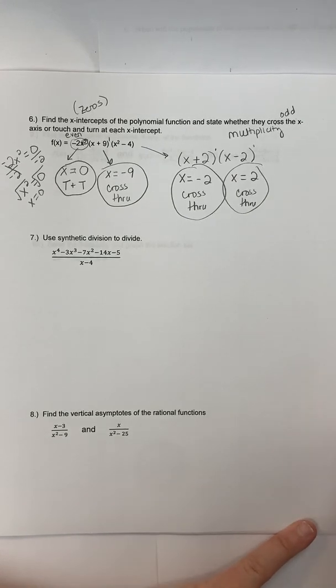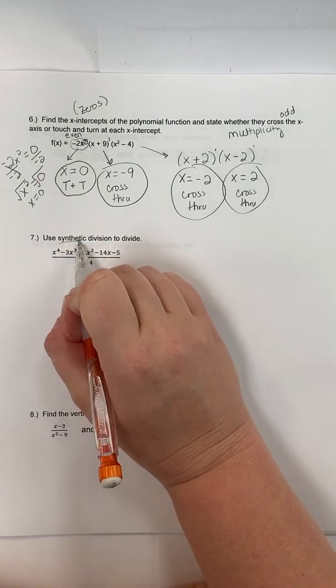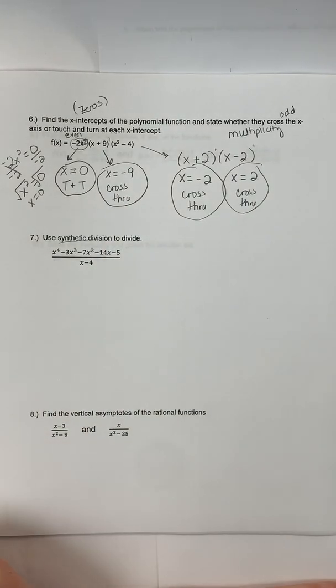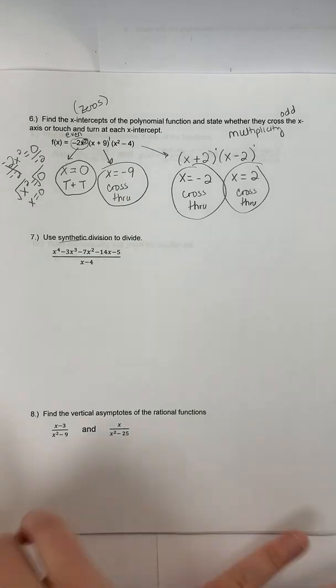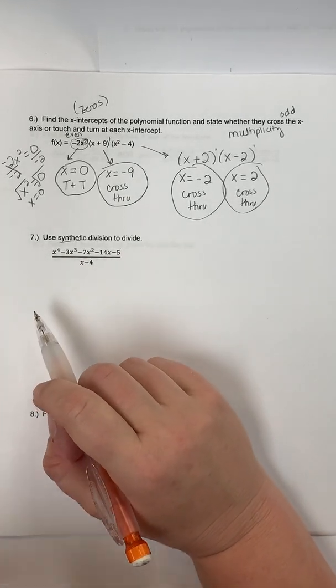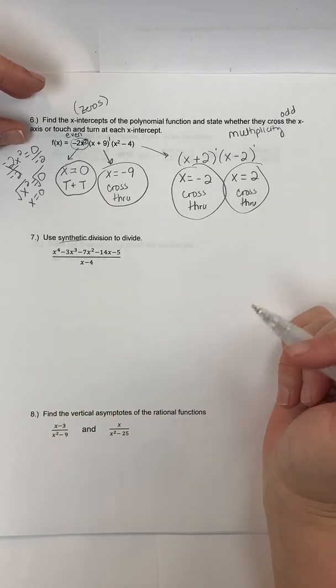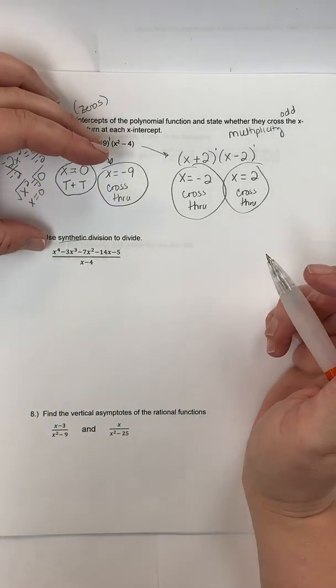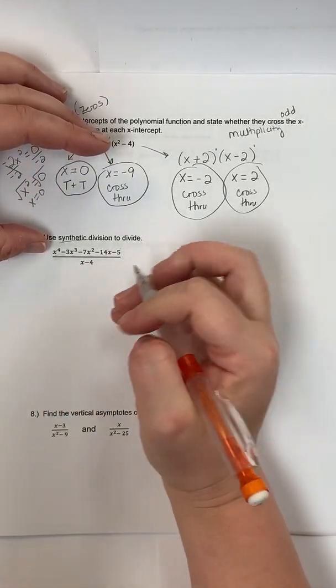Okay, number 7, use synthetic division to divide. All right, so on the test, you're going to have a synthetic division problem. You will not be missing a term. Notice we're not missing a term either. You will have an ugly remainder. So let's jump right in. Okay, we're going to put the coefficients first.